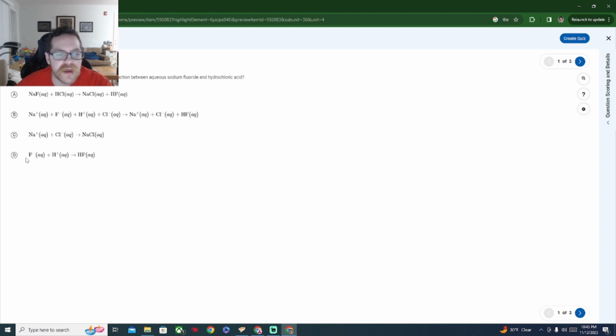And so here, F and H can form HF, which is dissolved but not dissociated. NaCl is ionic, and therefore it would be dissociated. Here this is just the complete ionic equation, not the net ionic, so it would be D.